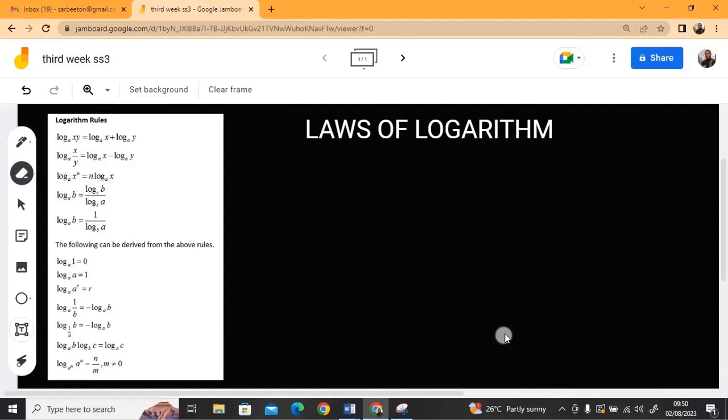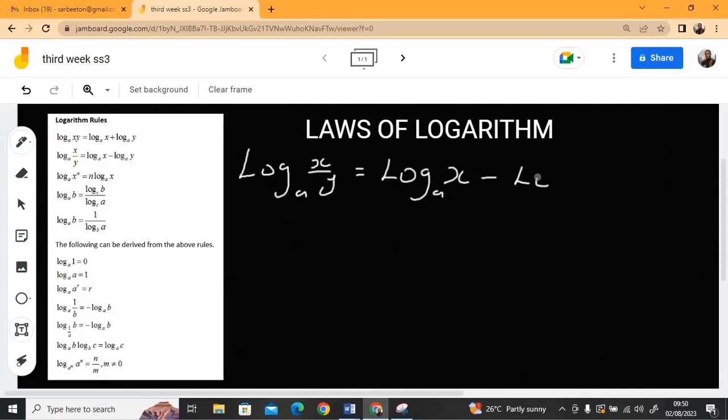When you have log a of x over y, they said it's the same thing as saying log a x minus log a y. It means when you have subtraction in between logarithms, you can translate it, and given division, you can turn it back to subtraction.